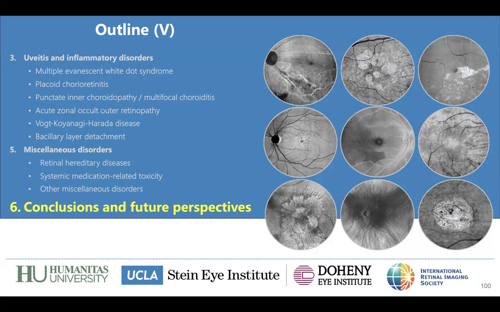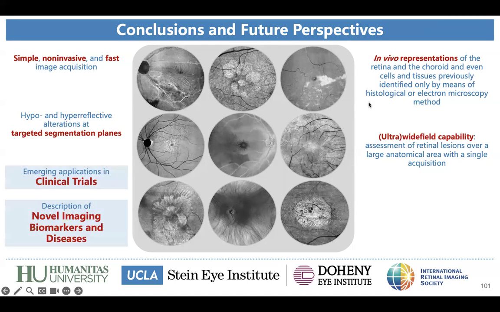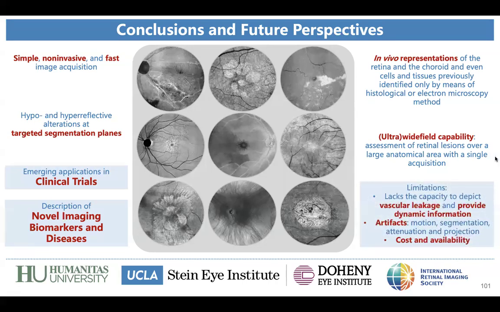As we were mentioning at the beginning, we all know the advantages of ANFAS OCT. As we discussed together, ANFAS OCT can also be used to describe new diseases and new biomarkers, and it has emerging applications in clinical trials. But it also has limitations, especially artifacts, its cost and availability, and the absence of the possibility to detect vascular leakage and provide dynamic information.